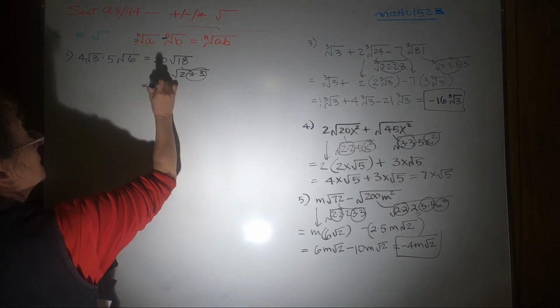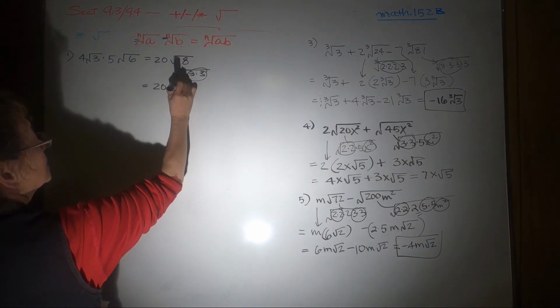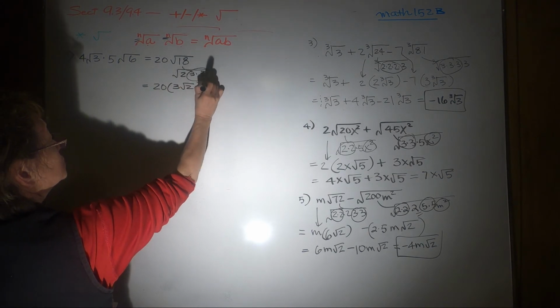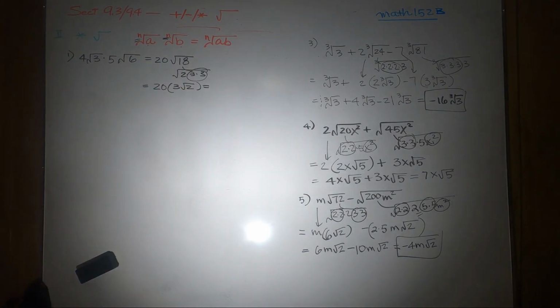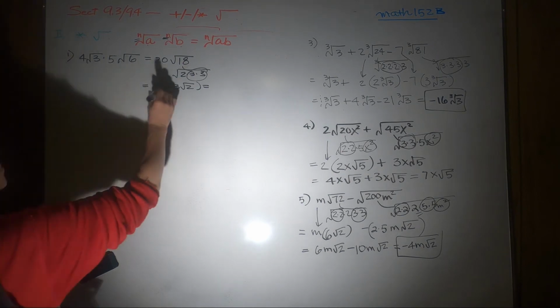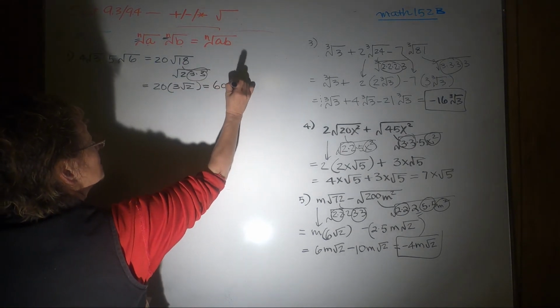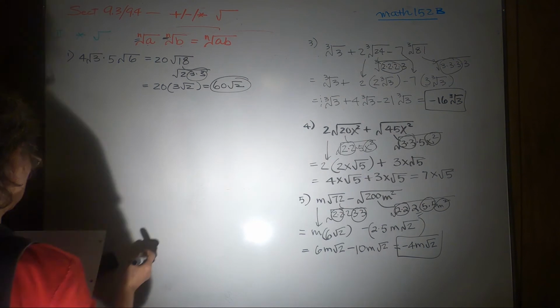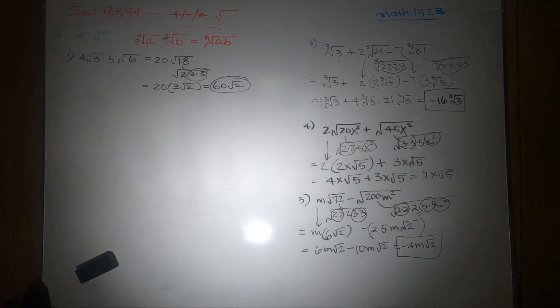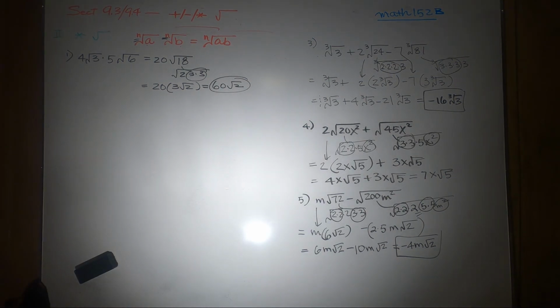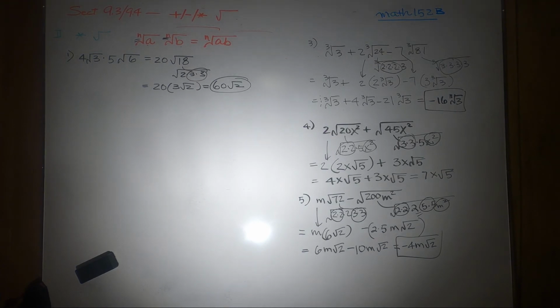You should have 20 times 3 square root 2, right? Then you multiply them together for the number part. So that would be 60 square root 2. Okay, that's how you multiply things.